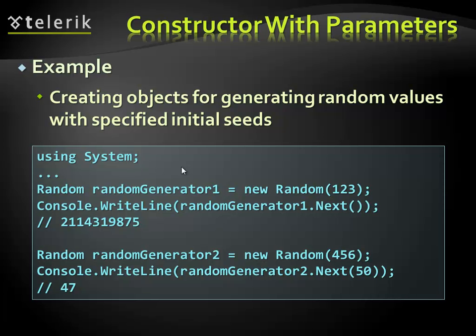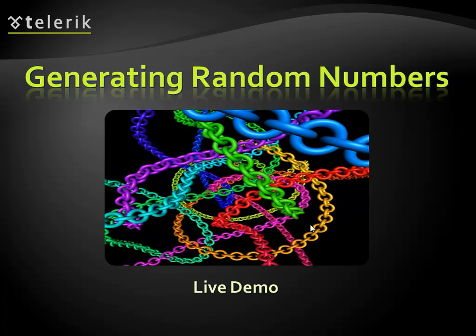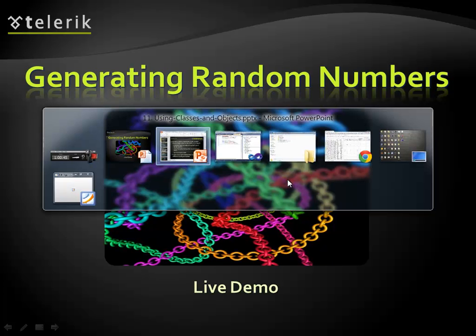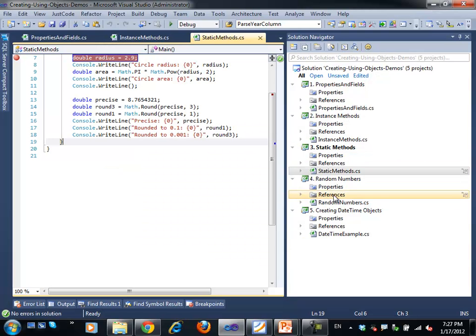So here we have one instance, and here we have another instance, and I think that this number cannot be returned by this. Is this an integer parameter or not? Yeah, I think it's an integer parameter. Either it's integer or long. Let's see it right now, and then we'll see exactly how it's built.